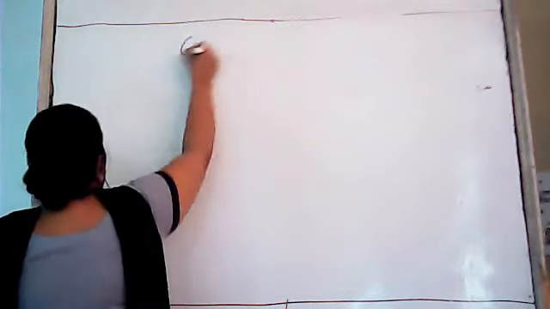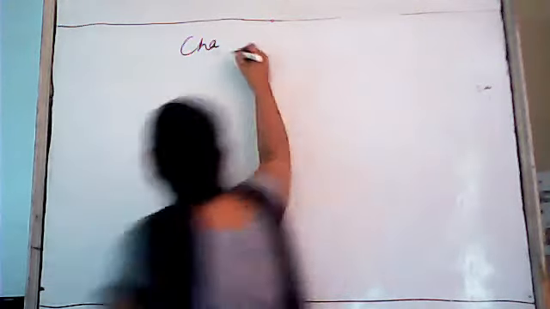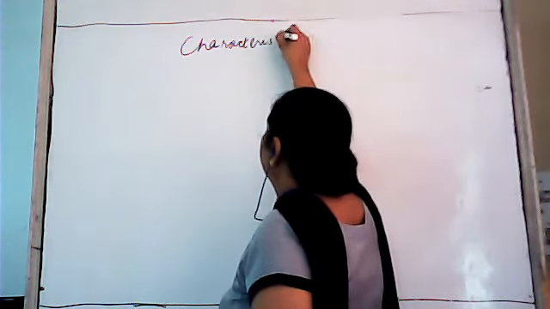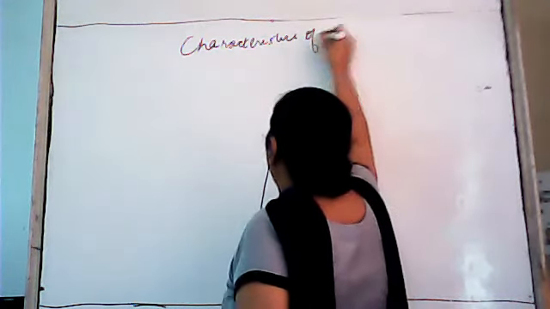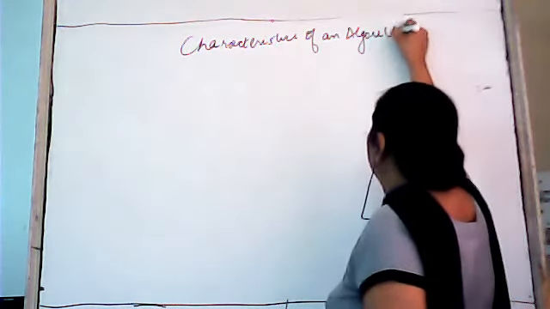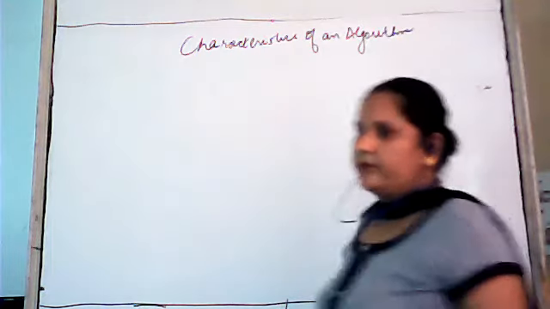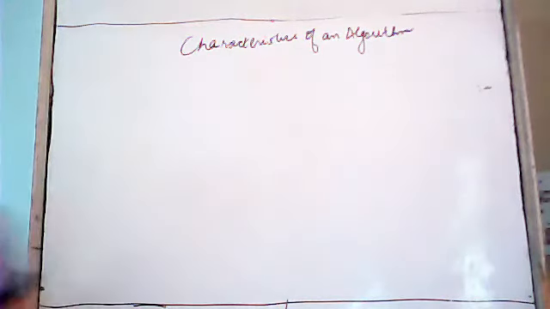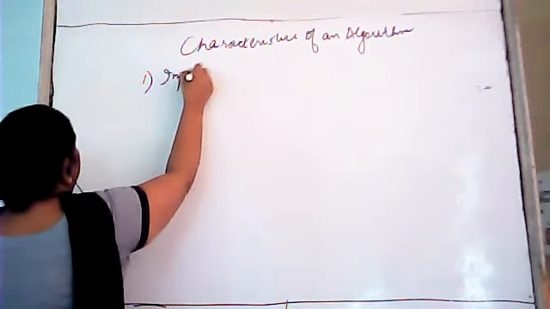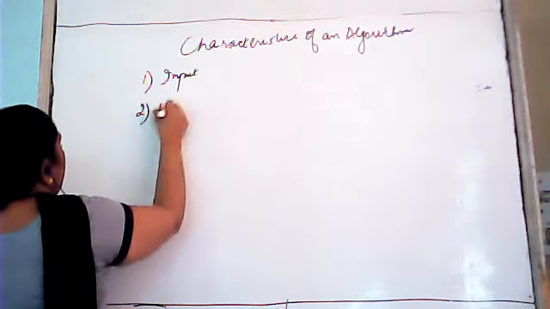Next is characteristics of an algorithm. What are the various characteristics of an algorithm? First, input. Second, output.